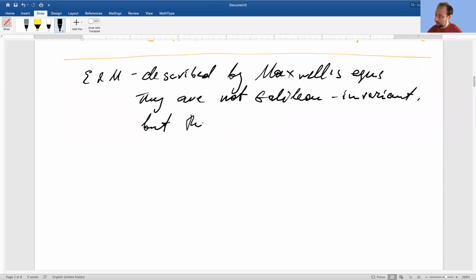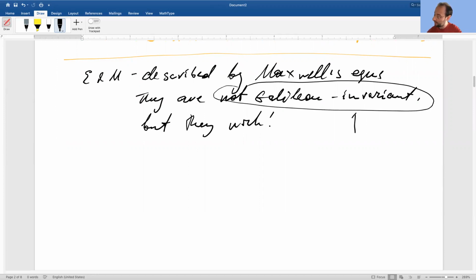But they work. Okay, and not Galilean invariant was thought to be synonymous with violating POR. Or is it? It was assumed.